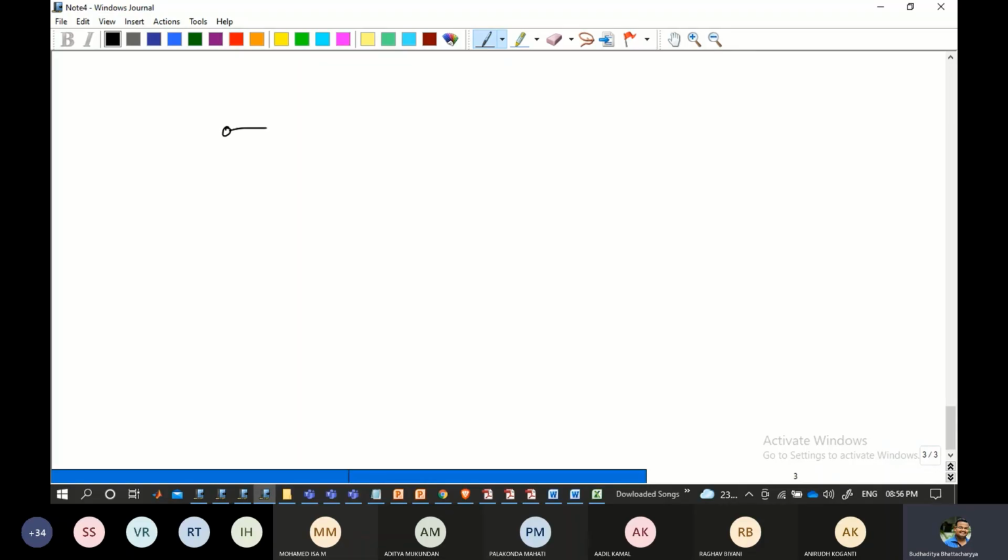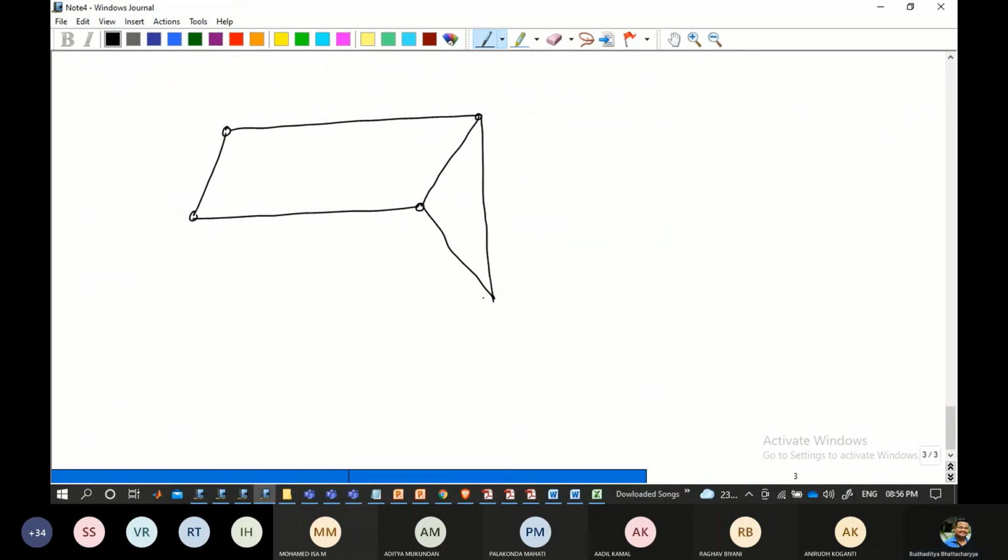So this is the structure. Please draw it. This one we had already done. Now let's make it a little more complex. This is shaded. Hopefully all of you know why it is shaded and what it means. Then we have a connection like this, and a connection of this nature.